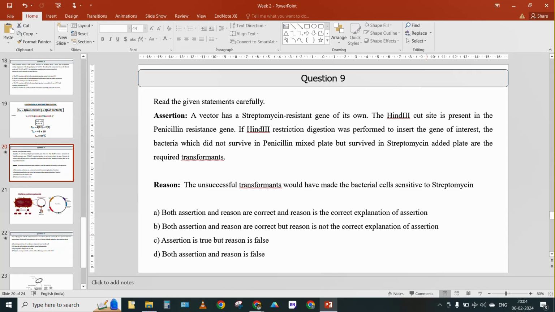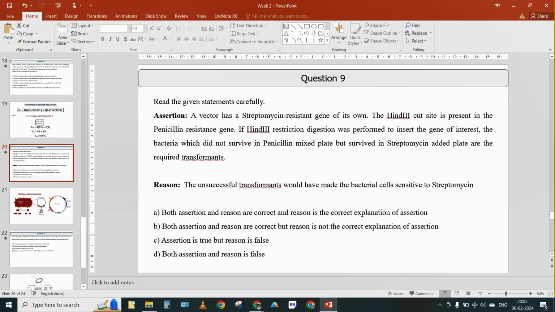Sir, actually, using the restriction enzyme, after introducing it, it survives in streptomycin added plate. That means it's able to survive in the streptomycin added plate, so it won't be sensitive to streptomycin. So it will be the other way around. Okay, correct.